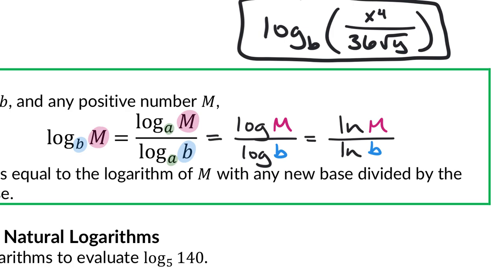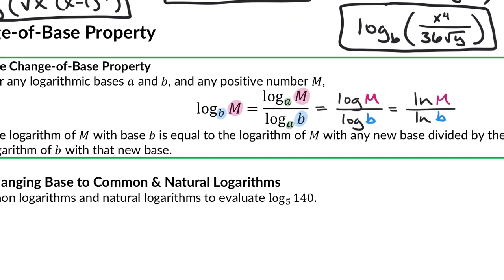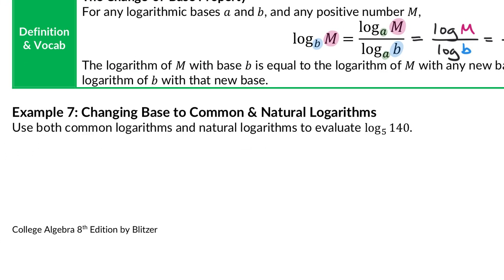And let me prove to you that this works. So we need to evaluate log base 5 of 140. There's only a log and a natural log button on the interface of this calculator.